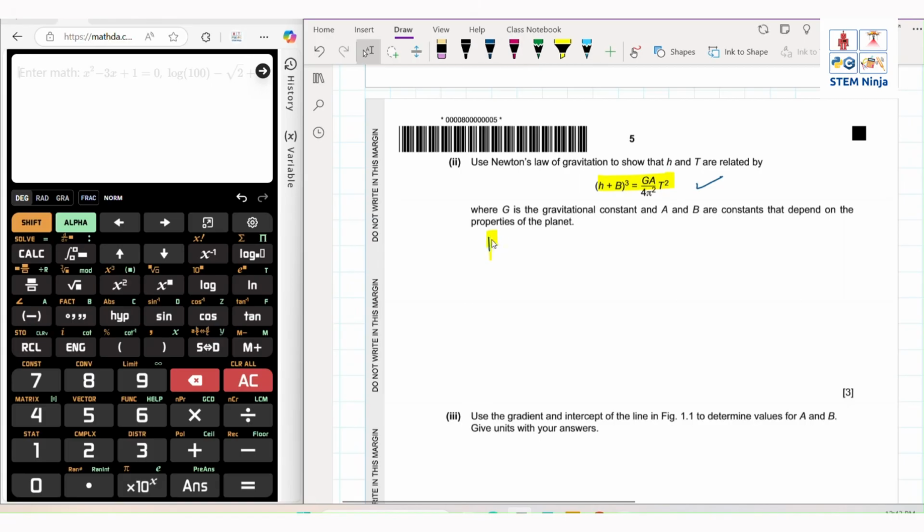by saying that the gravitational force is equal to centripetal force. So GMm over R squared equals m R omega squared, the centripetal force.